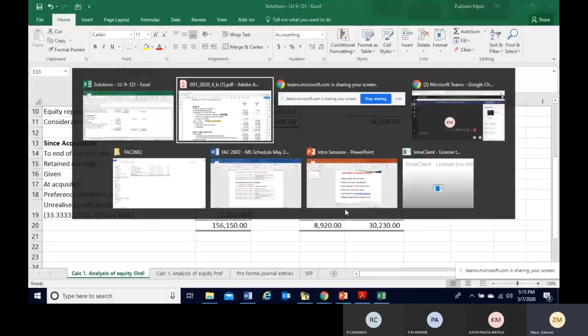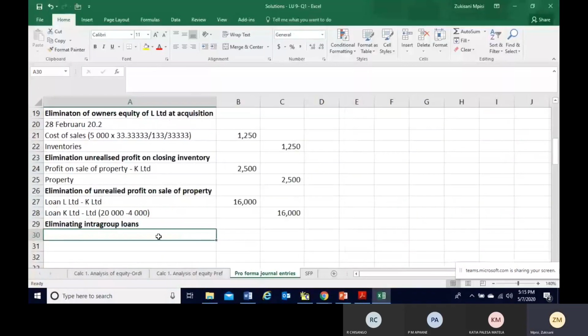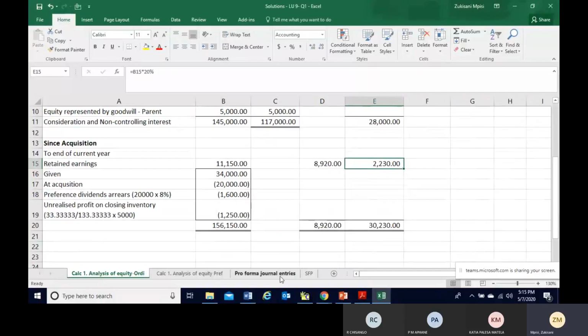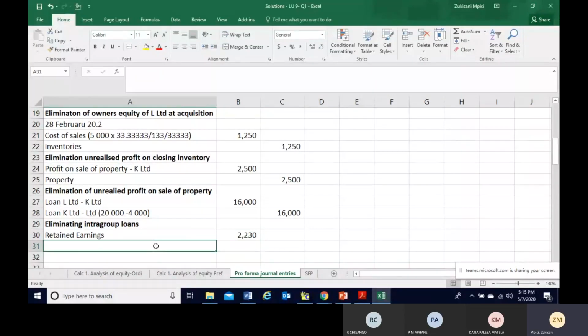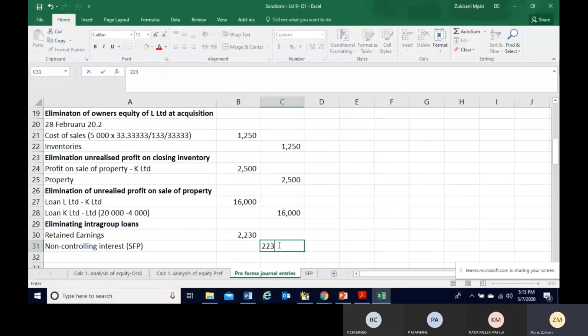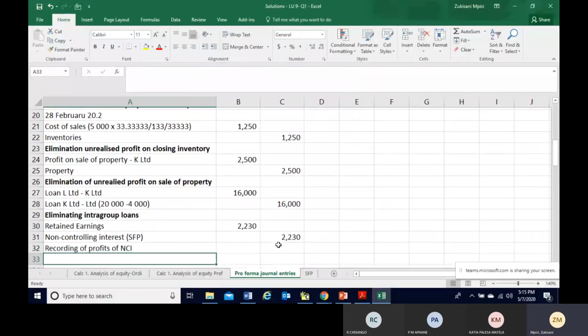So in terms of our pro forma journal entries, we say retained earnings of 230, and we credit non-controlling interest, which is in the statement of financial position. And this is a recording of profit of non-controlling interest in the current year.